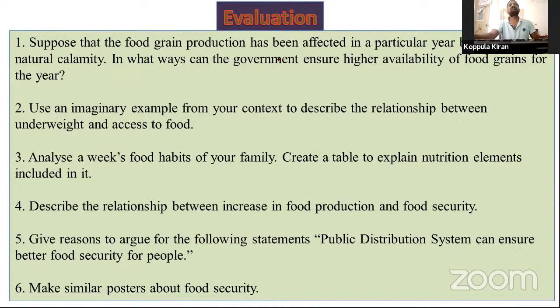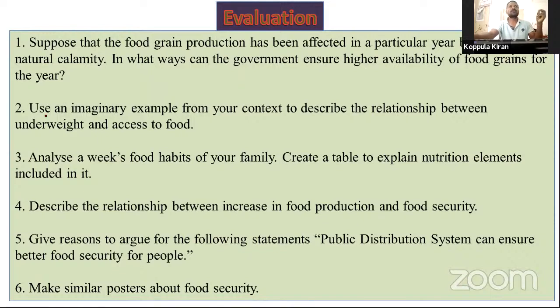Suppose that the food grain production has been affected in a particular year because of a natural calamity. In what ways can the government ensure higher availability of food grains for the year? If there is any natural calamity, droughts, famines, tsunamis, volcanoes, what are the steps taken by the government?